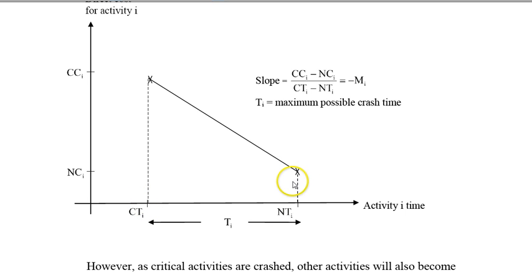This is how long an activity takes. If I crash it, it takes less. So this is my crash time. This is my normal cost associated with this, and this is my crash cost associated with this time. And this is my line, and the slope of this line is my marginal cost. Okay, and T is the maximum possible crash time.